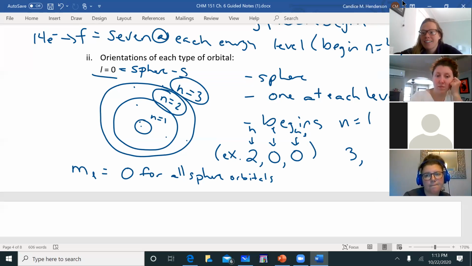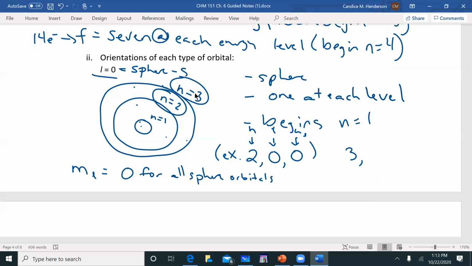Okay. So for this guy here, which is slightly bigger, he would be 3, 0, and 0, because there's only one orientation. All the ML value is telling you here is what orientation you're in. So in this case, we're in the 0 orientation.